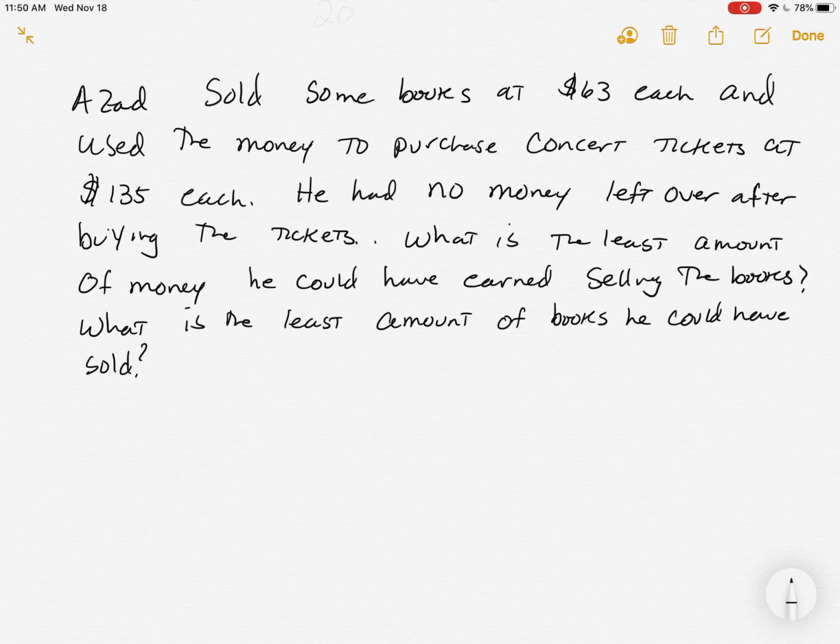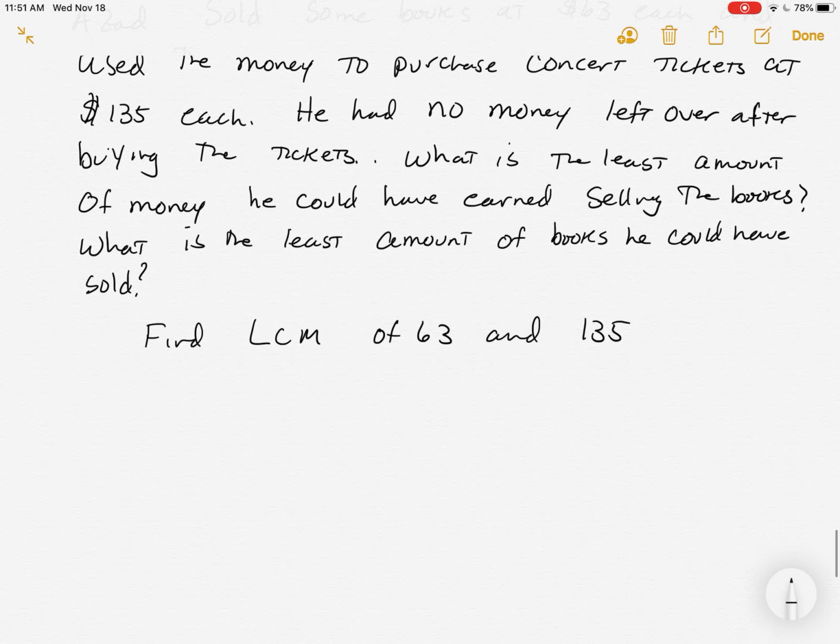So you're looking for the least common multiple of 63 and 135. Why? Because 63 goes into the number because he generated that money by selling books at $63 a pop. And 135 goes into it because he had no money left over, just restating what I said before.